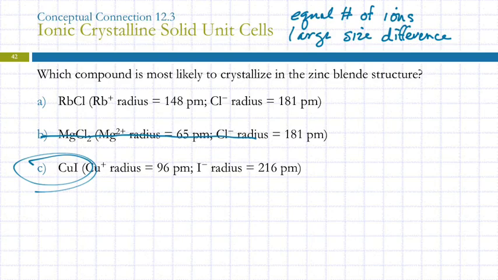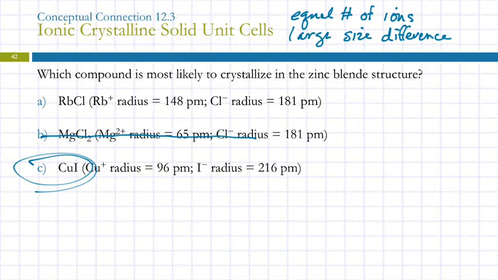I guess I'm not sure exactly what you're asking. So the metal is larger than the radius of the non-metal. Is it more crystalline or? Well, sometimes the metal's larger and sometimes it's smaller. But both are crystalline.